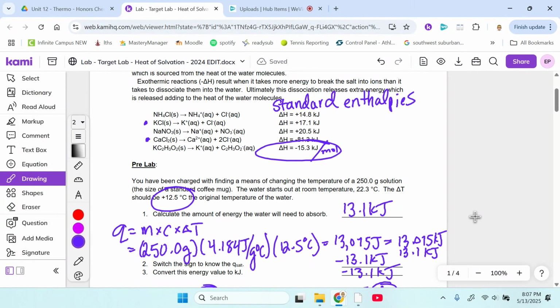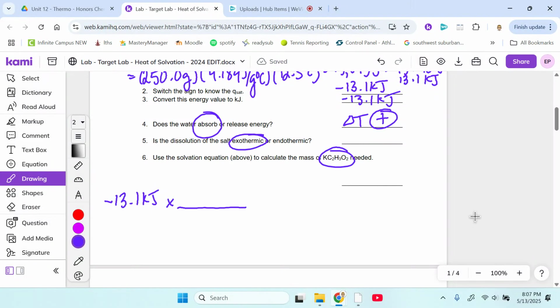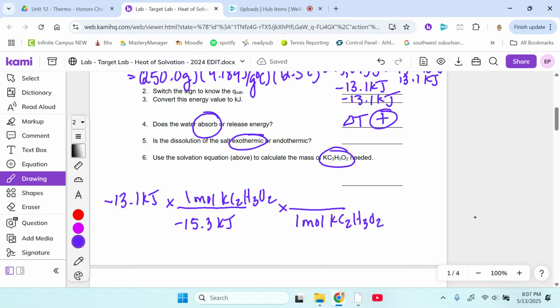That's the standard enthalpy, negative 15.3 kilojoules per 1 mole of potassium acetate. Finally, convert 1 mole of potassium acetate and relate that to the number of grams in a mole.